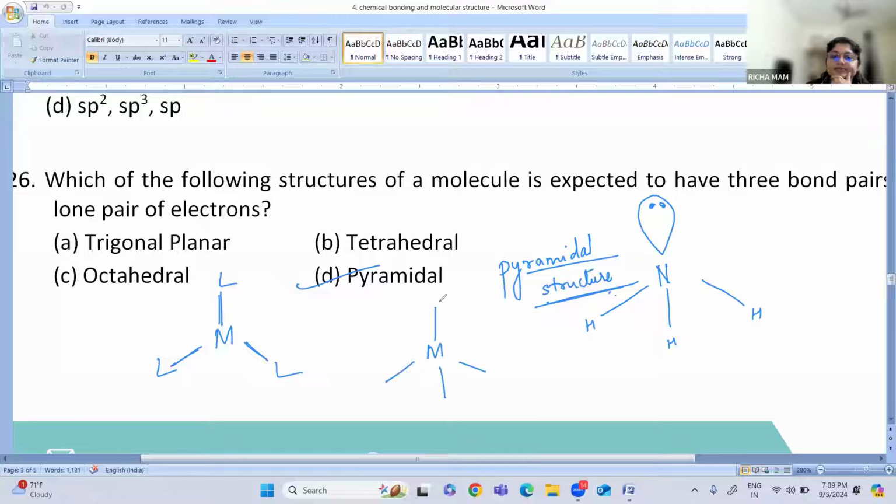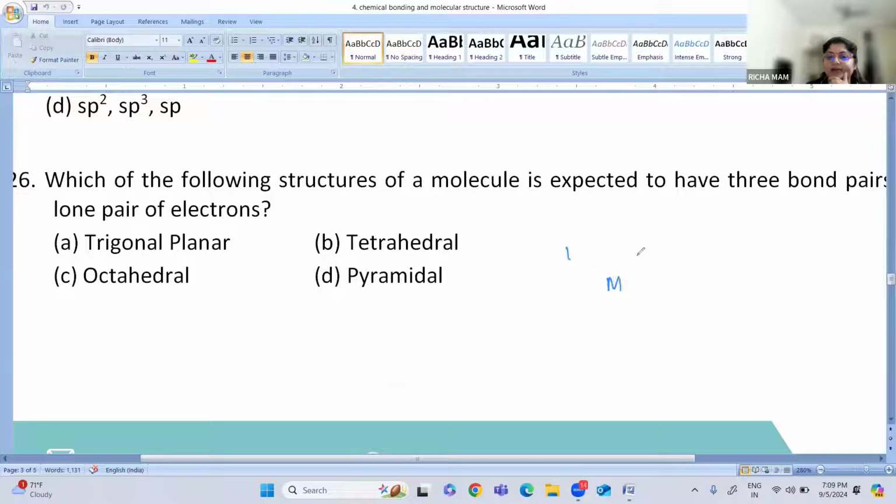Tetrahedral means like this. Octahedral is this geometry. Understood? So these are the different geometries: trigonal planar, tetrahedral, octahedral. So the answer is pyramidal.